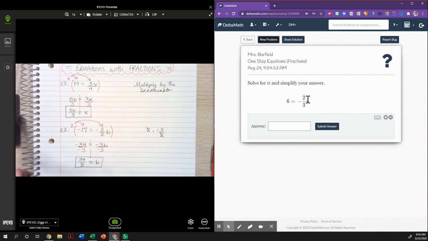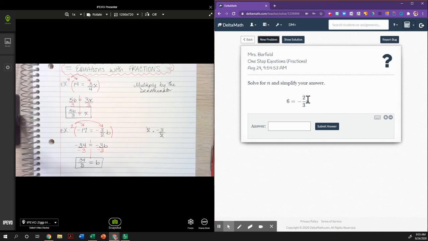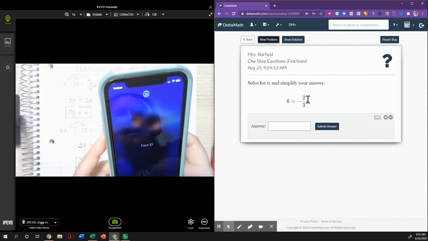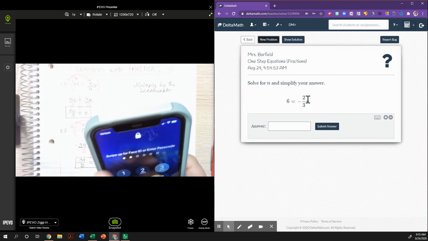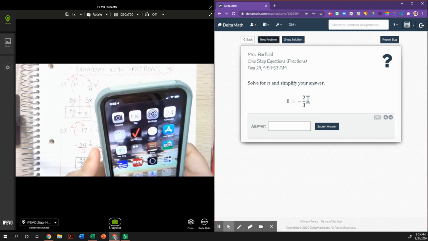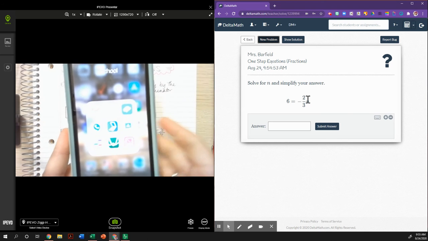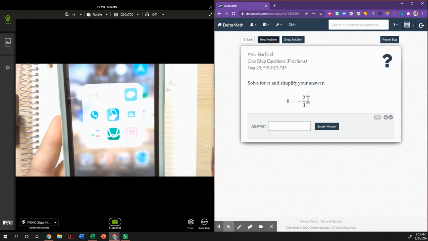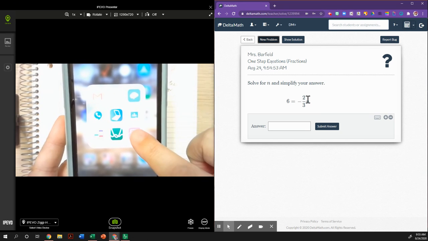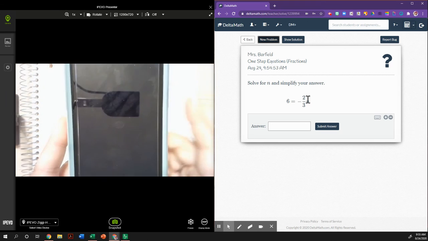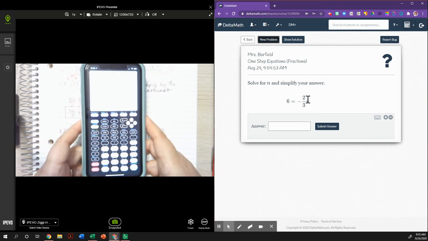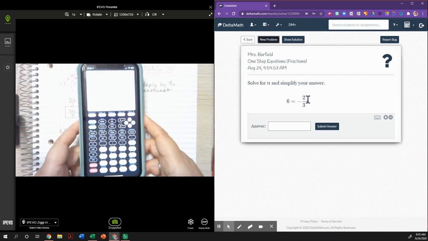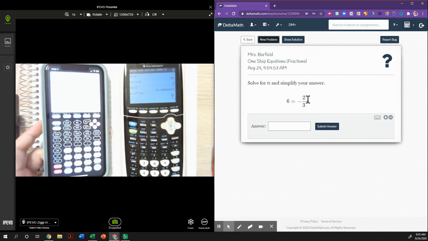What I would recommend to each of you is that you have your calculator out. There are a couple of apps on your phone that you can get if you need a graphing calculator app. You can see it right here. This is called Calculate 84, and it looks just like that.